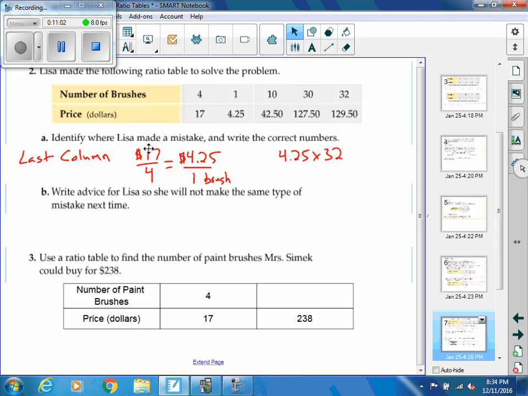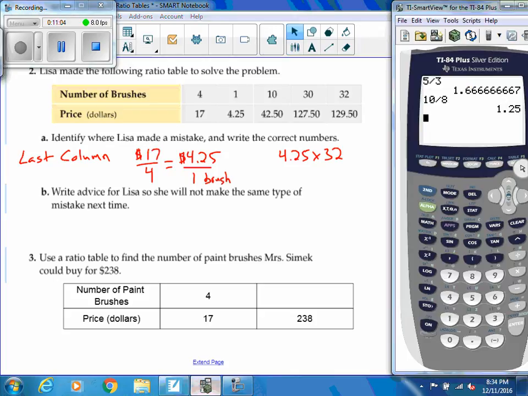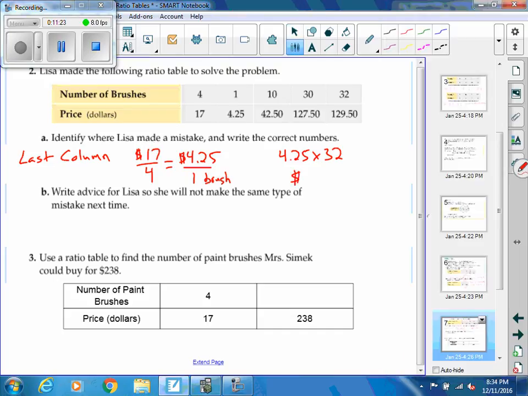Well, when we take the $4.25 and multiply that by 32, we get 136, not 129.50. So it should have come out to $136 for that.